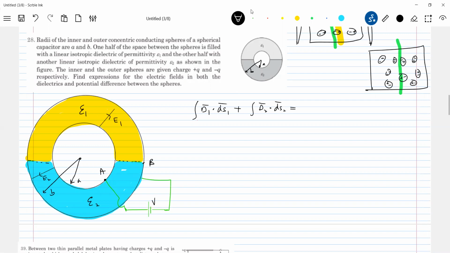The net charge, or when the battery supplies charge, the minus Q and that plus Q will flow like this. The total charge supplied by the battery, a part of it will reside here, and a part of that free charge will reside here. So the total charge should be equal to Q again, because this Q will split up.